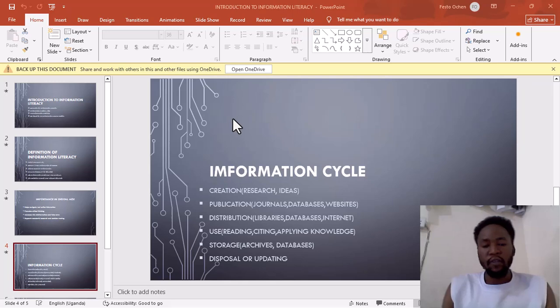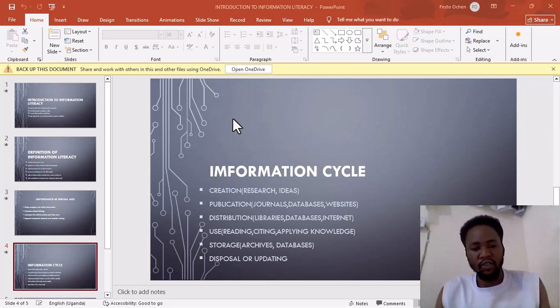That's what we call the information cycle, moving from the sender to the receiver, and from the receiver back to the sender. It includes creation. We can create through research and ideas. This is where you bring in the body of what you're talking about.